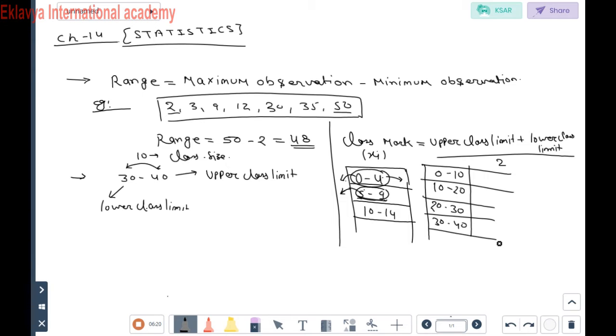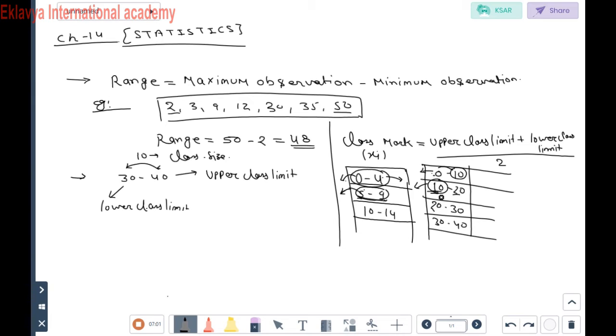For continuous form, the meaning is that in 0 to 10, 0 is included, values greater than 0 are included, but only values lesser than 10 are included. Second, 10 to 20: 10 is included, values greater than 10 are included, and values smaller than 20 are included. That is the meaning of exclusive.